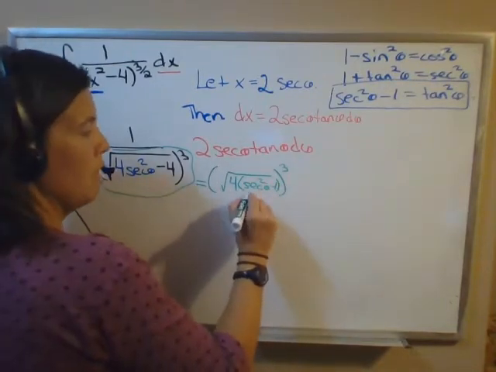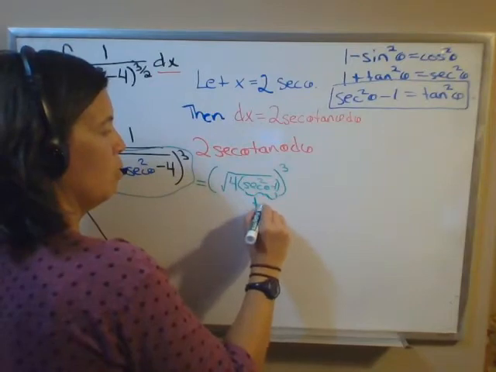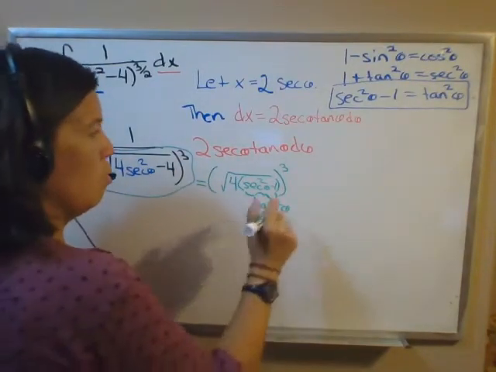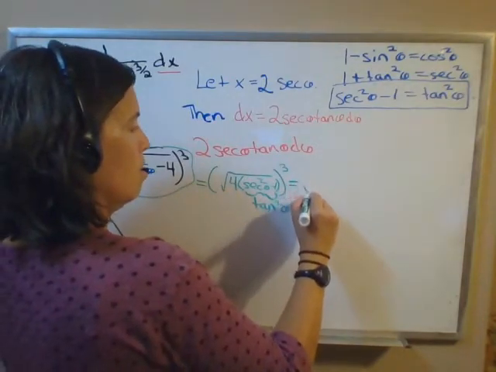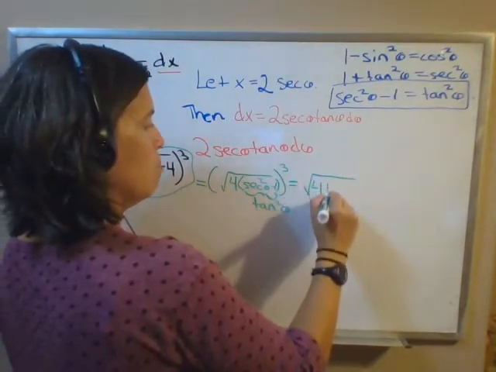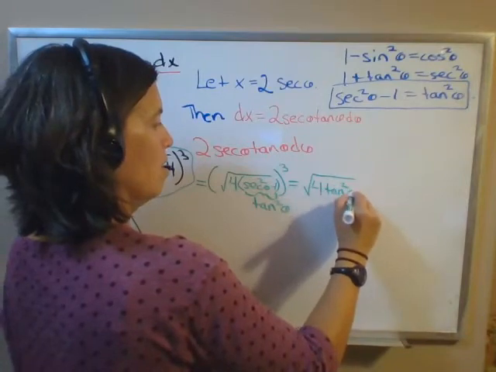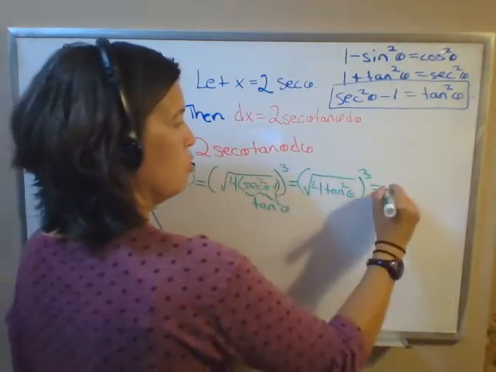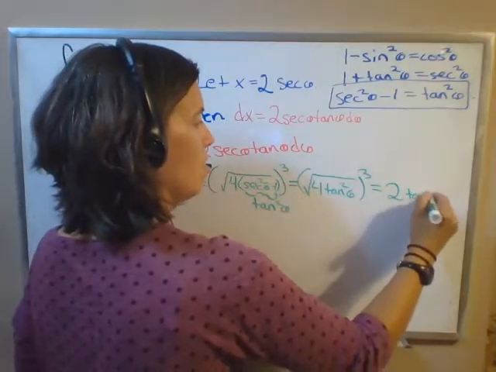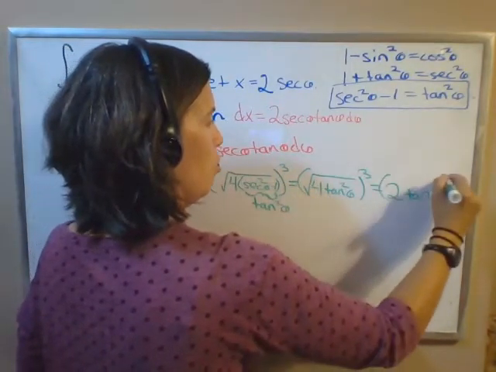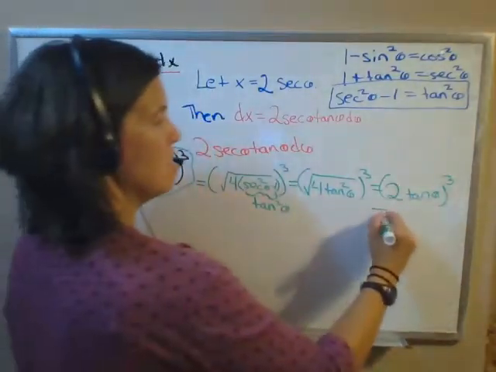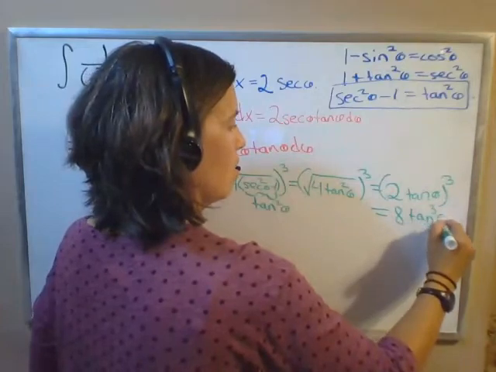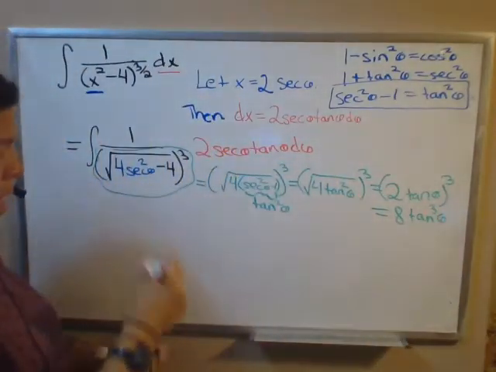And secant squared theta minus 1 is equal to tangent squared theta. So this is equal to the square root of 4 tangent squared theta, all cubed. If we take the square root, that's 2 tangent theta, all cubed. And so it's 8, 2 cubed is 8, tangent cubed. Okay, that's the denominator here.